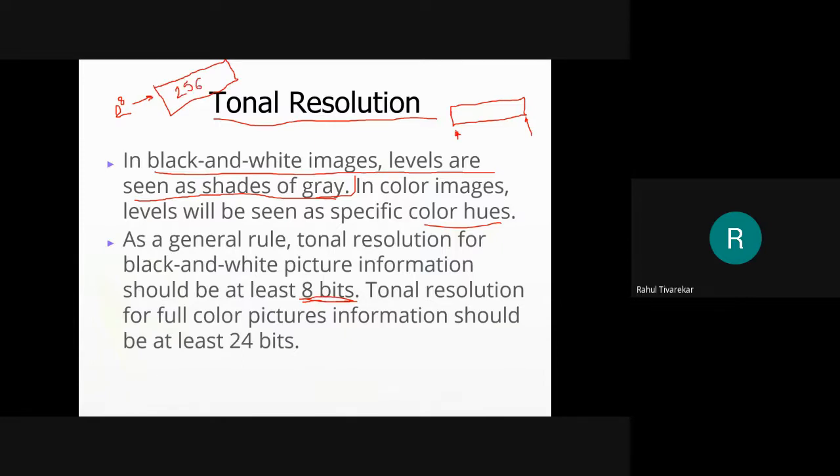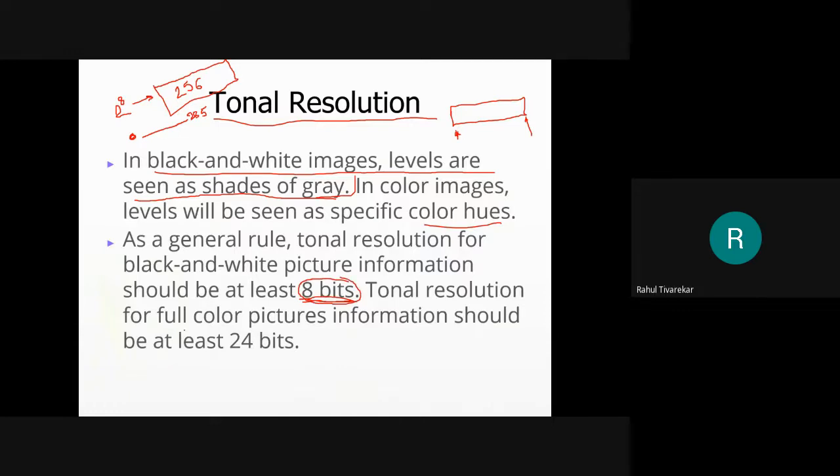And that's why I said that zero intensity level represents complete black, and 255 intensity level represents complete white, and in between there can be other gray intensity levels. So this is the minimum requirement for a grayscale image. Otherwise the image will look dull.